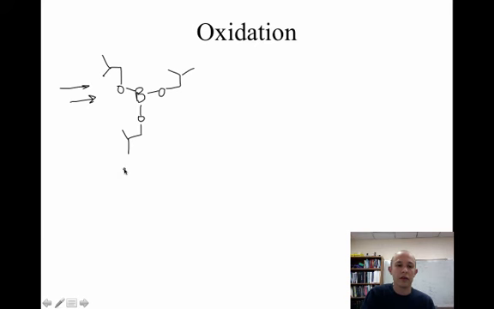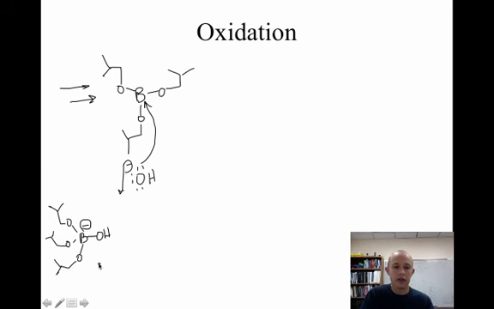We had sodium hydroxide present, so the hydroxide can attack the boron. Now that we've exhausted all the OR groups, now we can get a species that looks like this. And an OH. Boron is negatively charged. In order to get rid of that negative charge, one of these groups can leave.